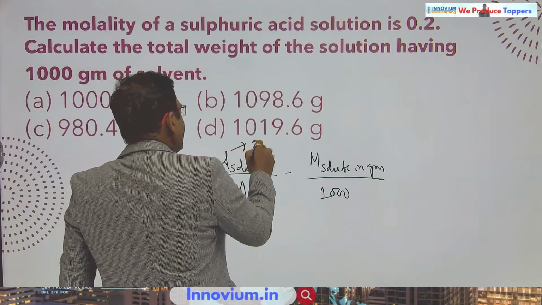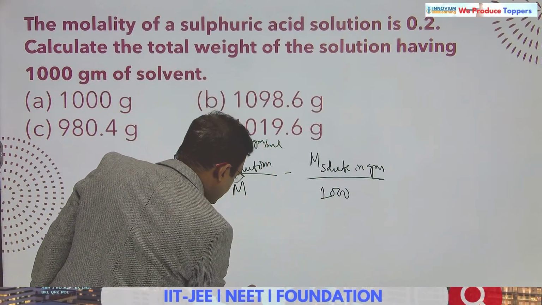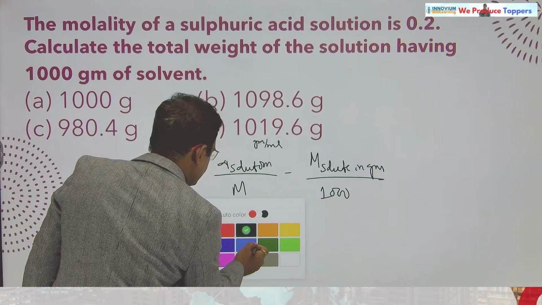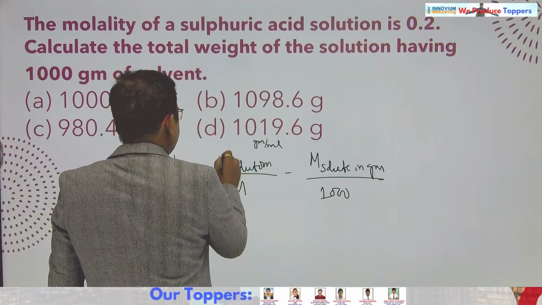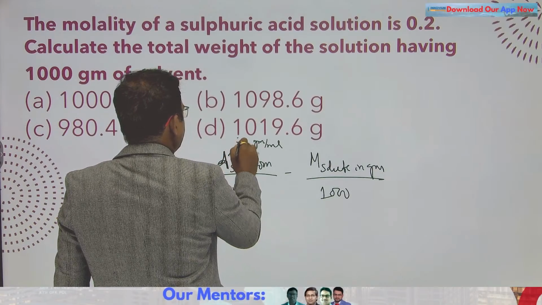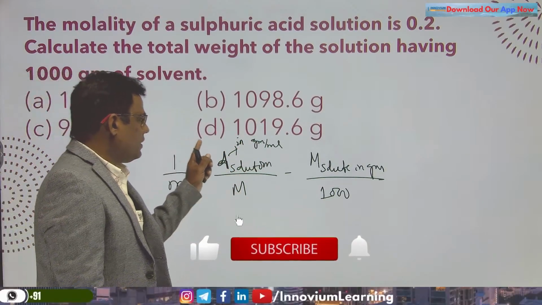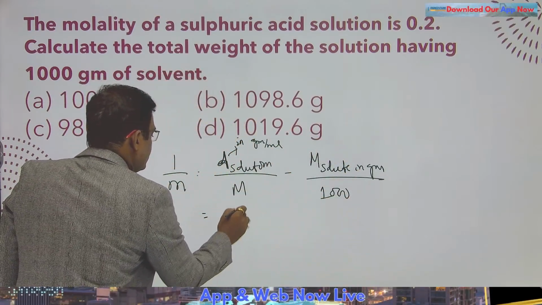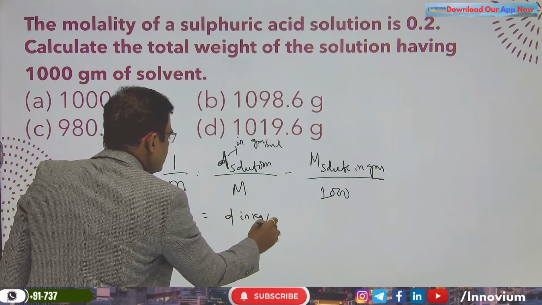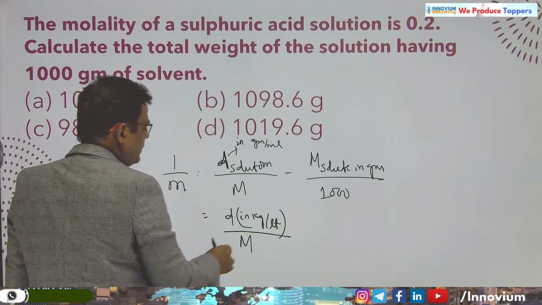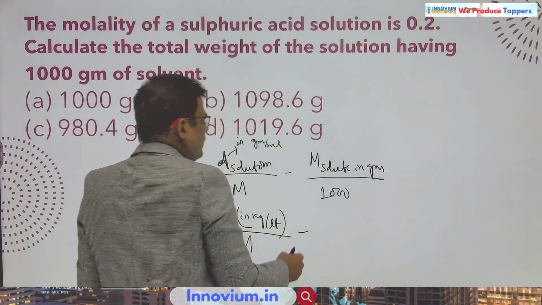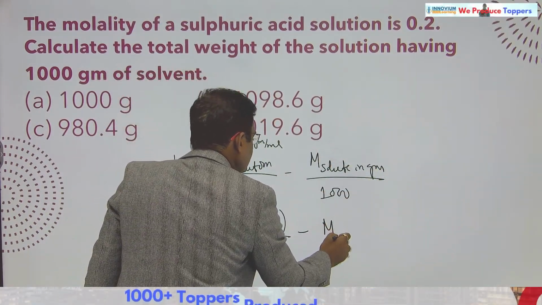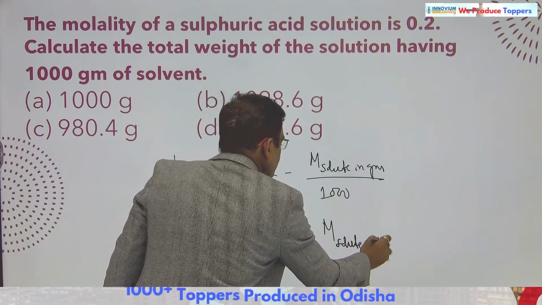Here the density of solution is in gram per ml, and if it is in kg per liter and molar mass of solute is in kg, then the expression will be like this: density in kg per liter by molarity minus molar mass of solute in kg.